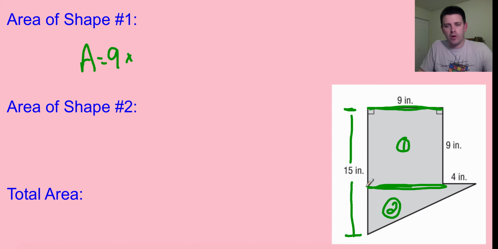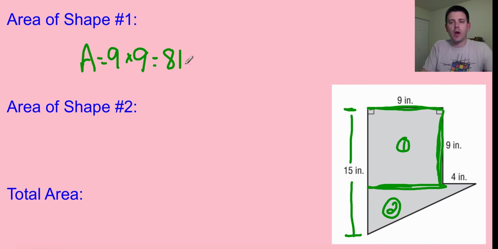I don't want to go that far for my rectangle here. So I just want this 9 that goes here. So my 9 is my height. So this was actually a square. So 9 times 9, base times height, is 81 inches squared. Now I want to find the area for my triangle down here.